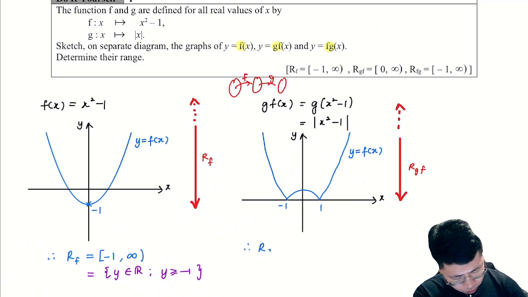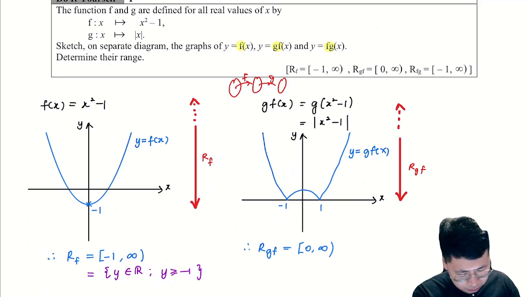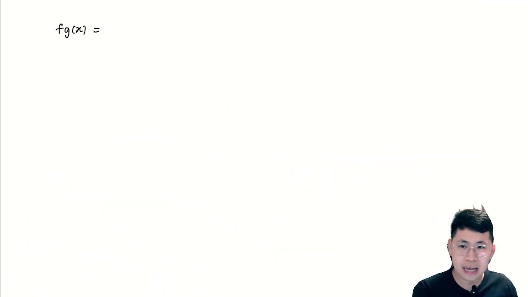The range of gf. Oops, this is not f(x), this is gf(x). The range of gf is going to be starting from 0 all the way to infinity, like that. So this is how we draw the graph of gf(x), and from the graph, using the graphical method, we determine the range of gf.